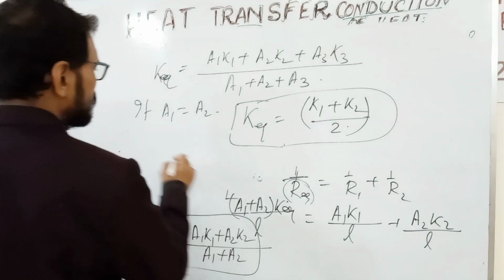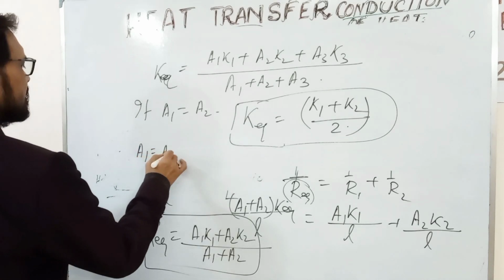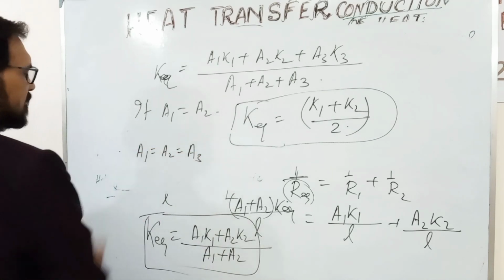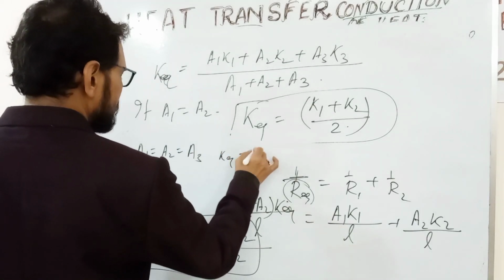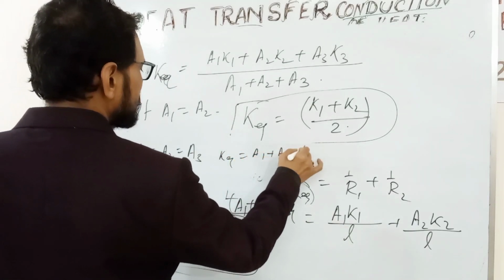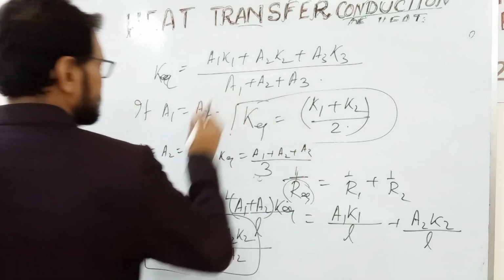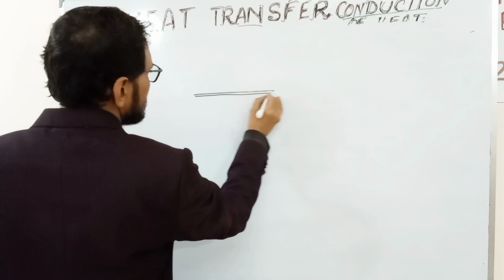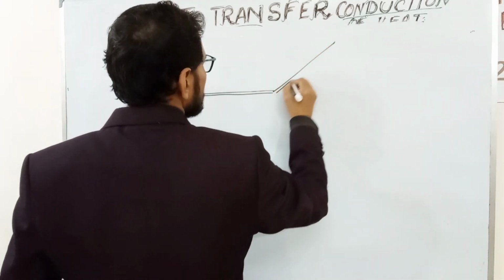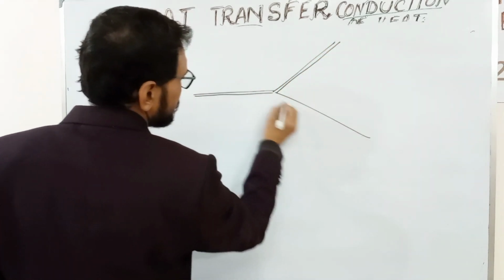If A1 equals A2 equals A3, suppose for three rods whose areas are the same, then K equivalent will be K1 plus K2 plus K3 by 3. So this is for three rods connected in this way.